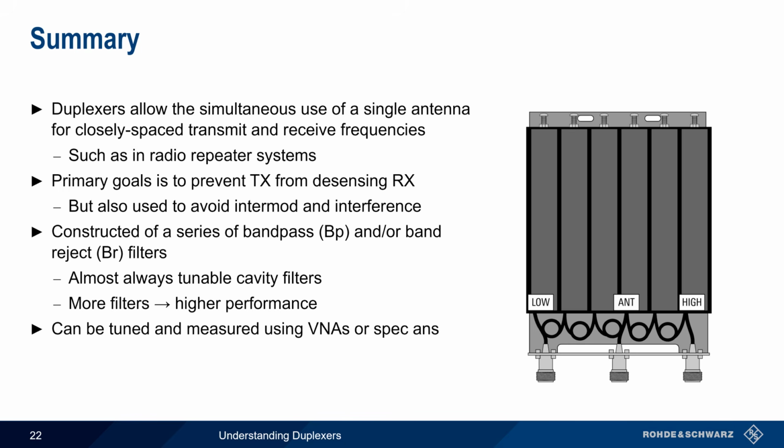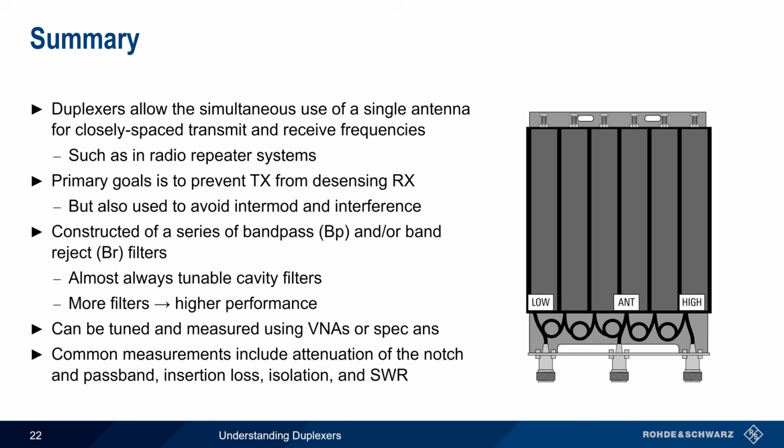This is most often done with a vector network analyzer or a spectrum analyzer plus tracking generator. Common measurements made on duplexers include the amount of attenuation at the notch frequency and passband, insertion loss, isolation, and SWR. This concludes our presentation, Understanding Duplexers.